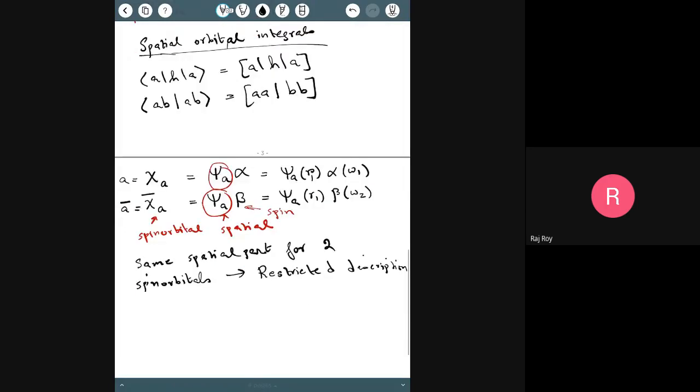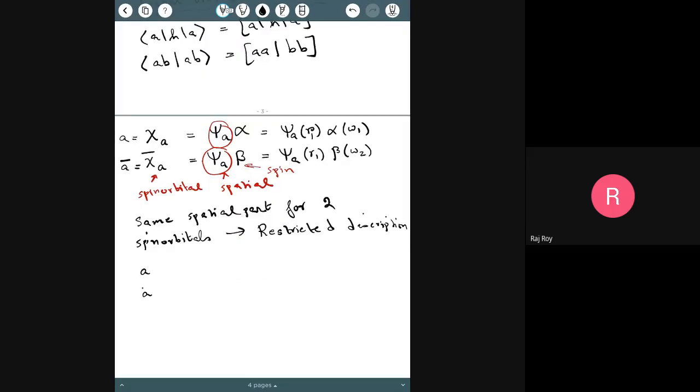And if I allow my spatial paths to be different, then it is called an unrestricted description.